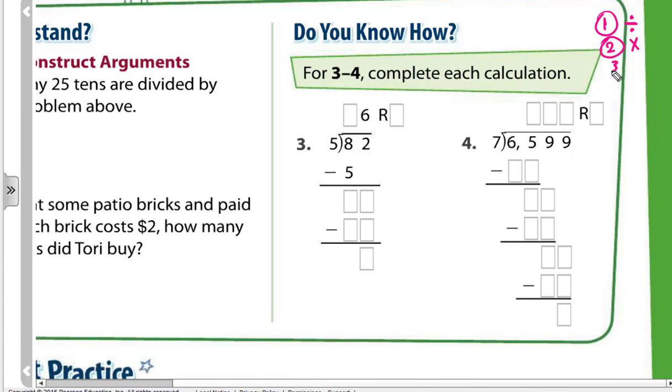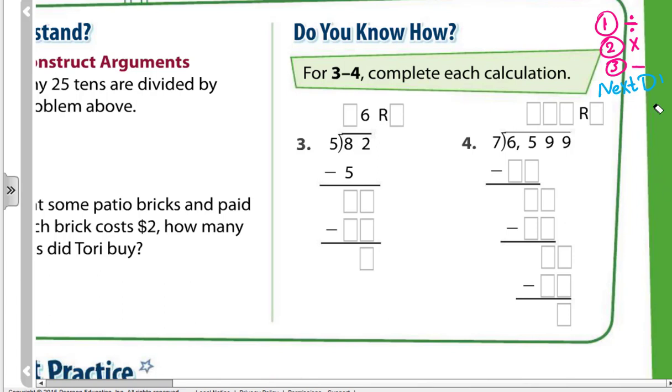What is the third step? Do you remember? Subtract. Excellent. And what should we do after that? Next digit.